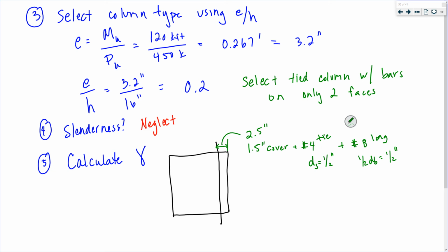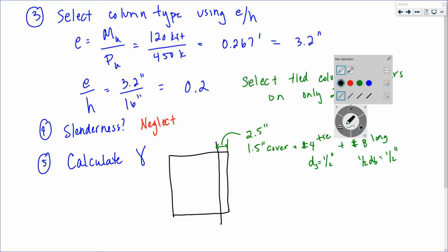That's typically what we did when we were doing beams, d minus 2.5, to our longitudinal bars. And you have 2.5 inches on both sides.